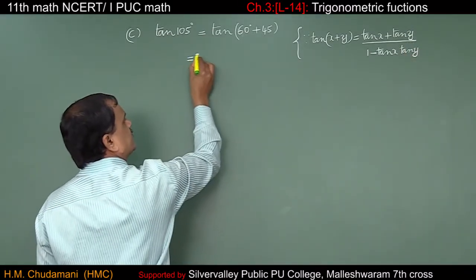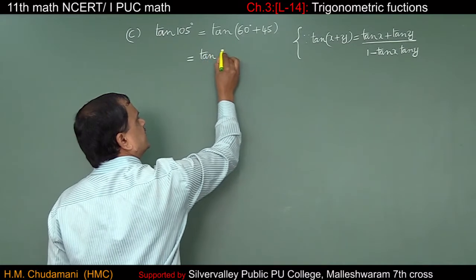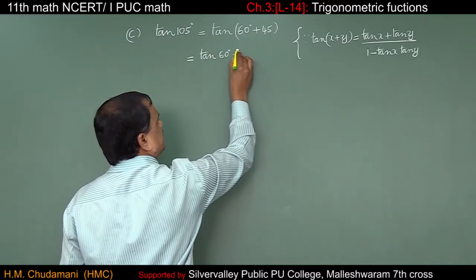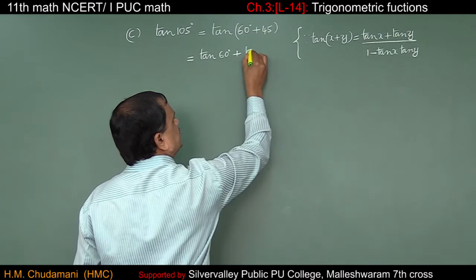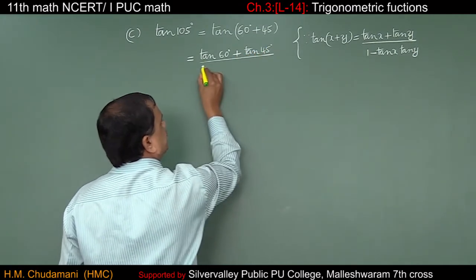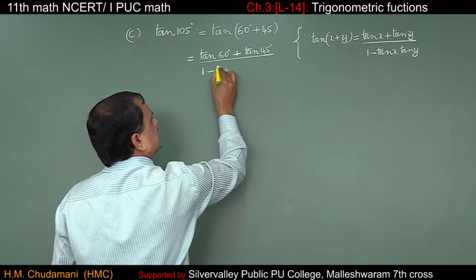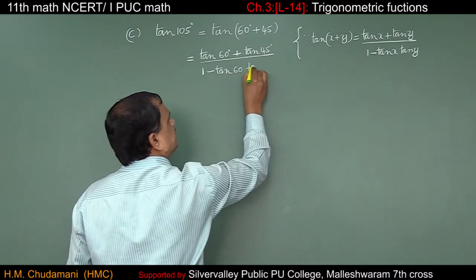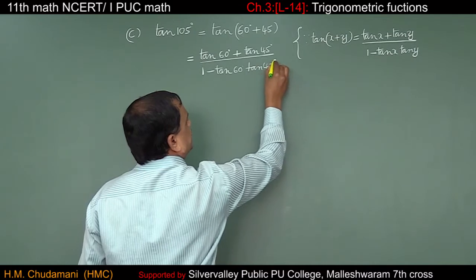So this is of the form tan 60 plus tan 45 degrees divided by 1 minus tan 60 degrees into tan 45 degrees.